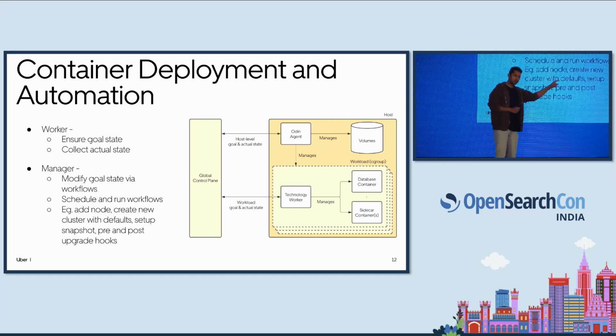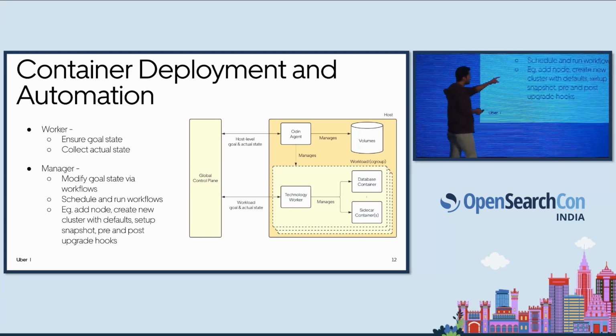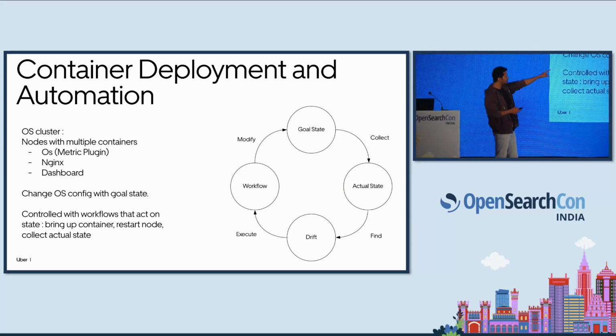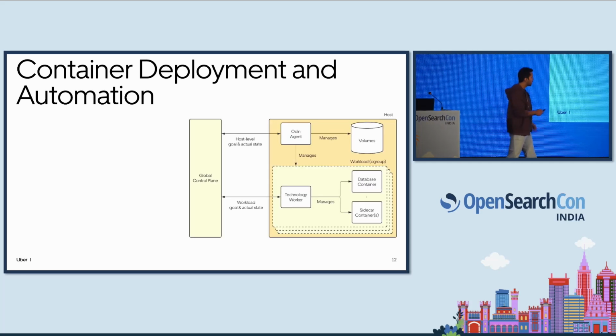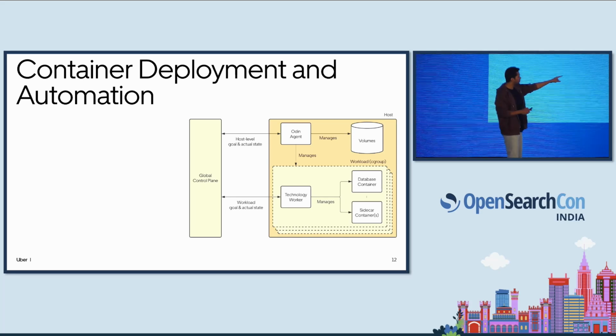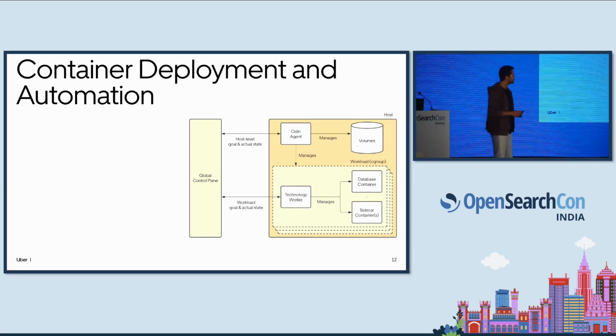The technology worker is what is responsible for doing this loop, which is to continuously measure the goal state, compute the actual state, and compute the drift. So the technology worker is exactly what does the job of continuously polling the database container and finding out what is the drift of goal state and actual state.